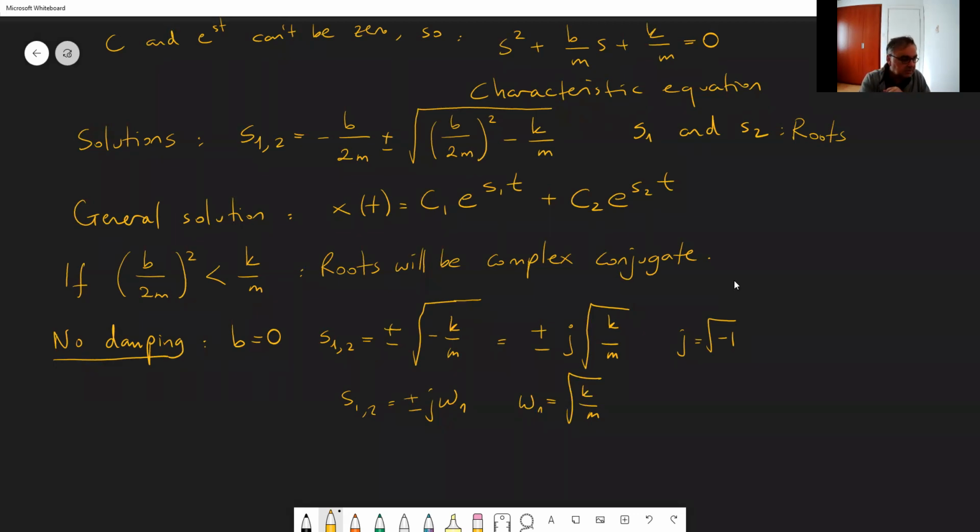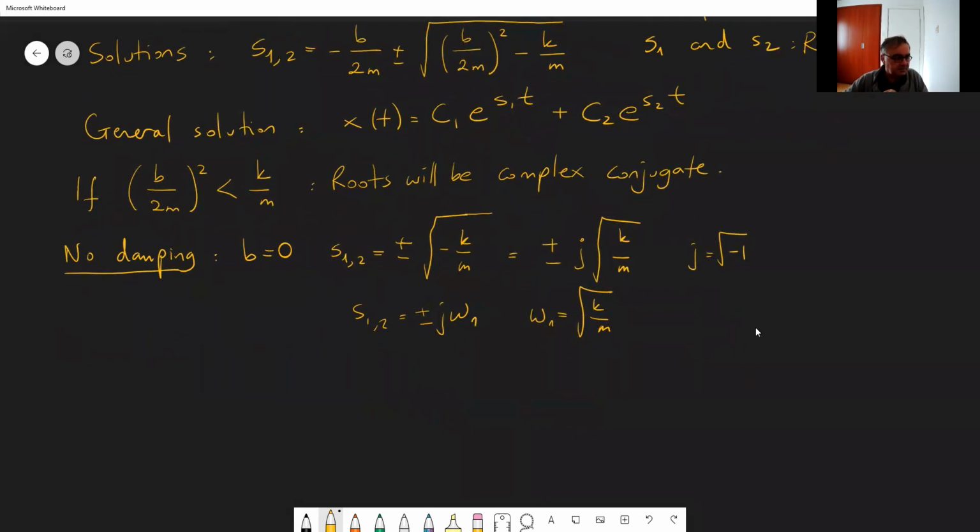Actually, all these functions are related. But let's find something else. So for the case of no damping, this is what we have.